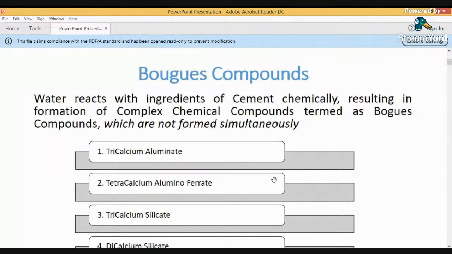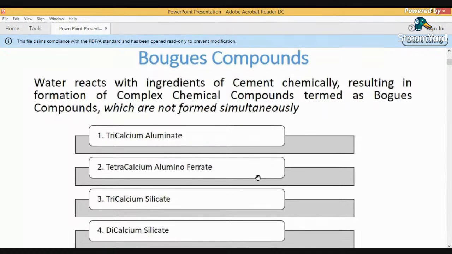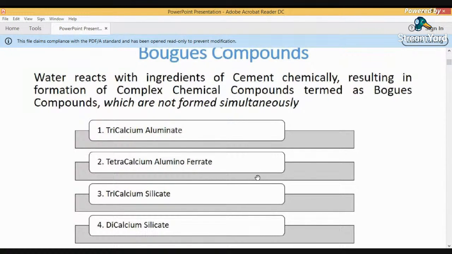The first compound that forms is called tricalcium aluminate. The second one is tetracalcium aluminoferrate. The third one is tricalcium silicate, and the last one is called dicalcium silicate. These are the Bogue's compounds which are formed when you add water to the cement and some chemical reaction happens.